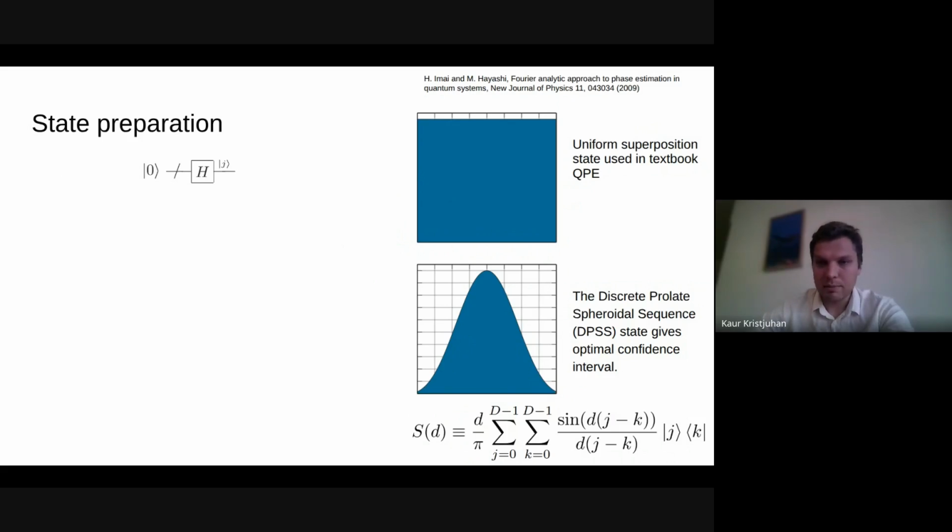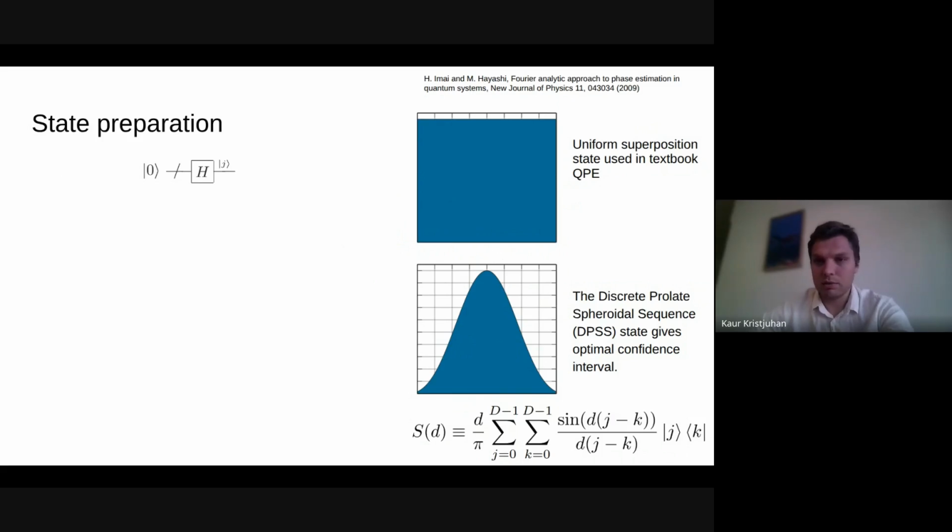The DPSS state is defined as the eigenstate of this operator here, which has the largest eigenvalue. Now, the trouble is that even though we know this is a really good state to prepare, we don't really have a recipe for how to prepare it. Just looking at this definition, it's not obvious how you would construct the circuit which is going to prepare this.